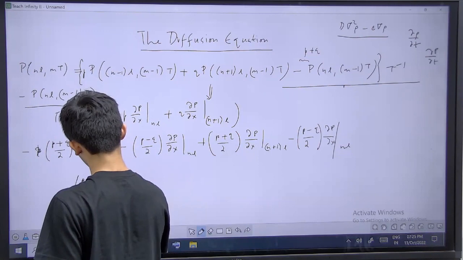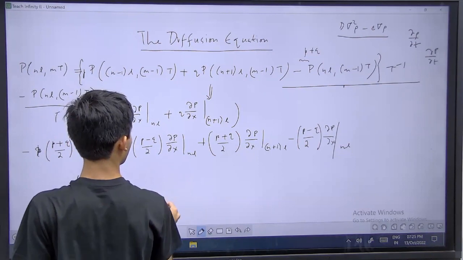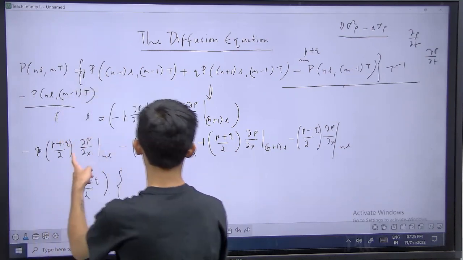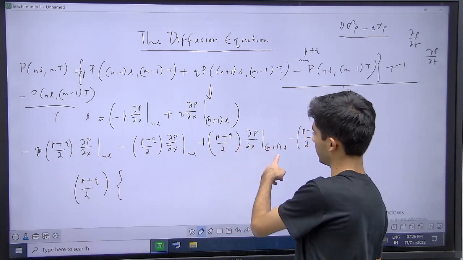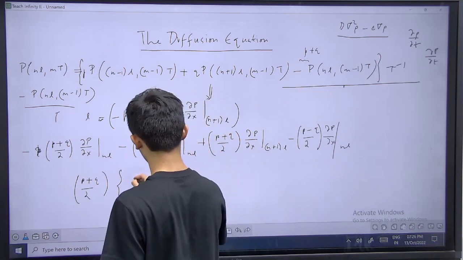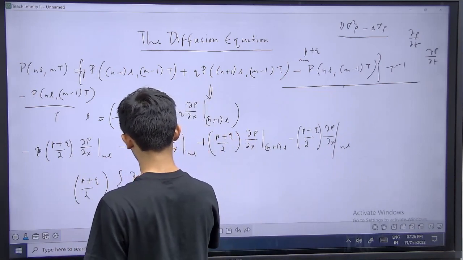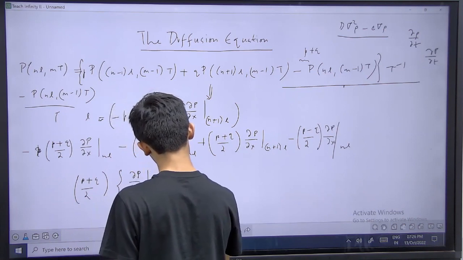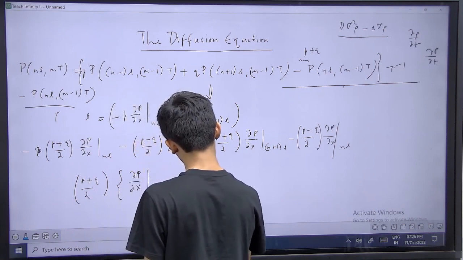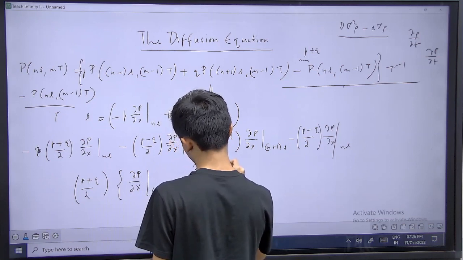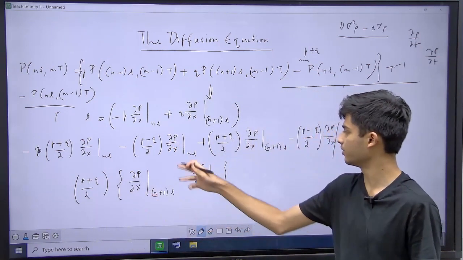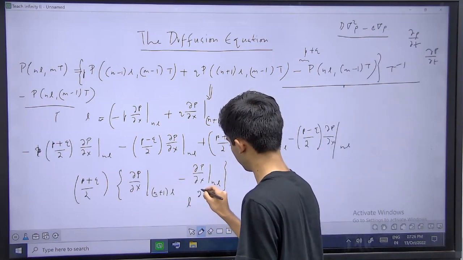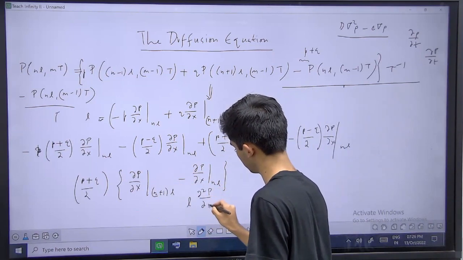(P plus Q)/2 times, so now there is a difference of del P by del X at (n plus 1)L minus that at (n minus 1)L, del P by del X at nL. And what's this? This is simply L times the second derivative. We take another derivative, so this will be L times del square P over del X square.